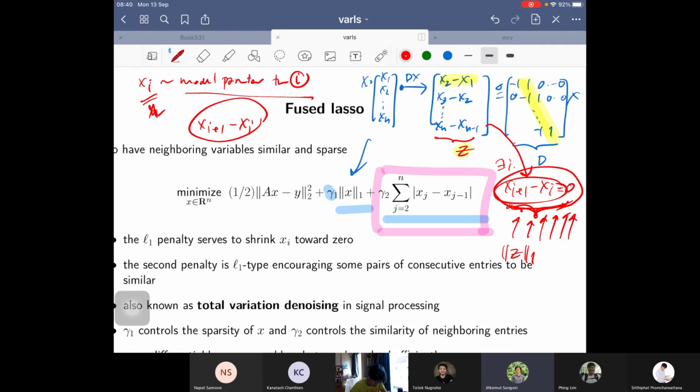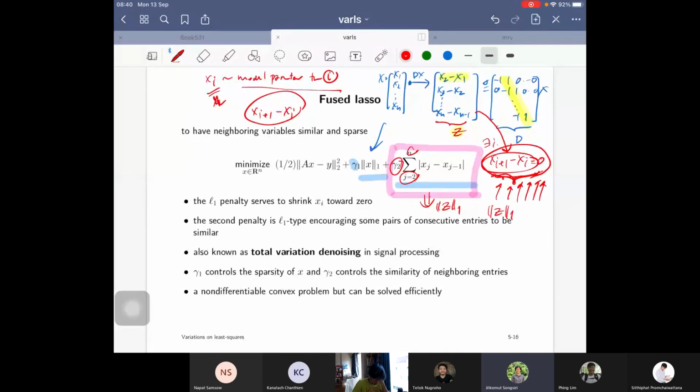Okay, so this block represents the L1 norm of z, and the index j starts from 2 to n. And now you have another penalty gamma 2. So of course, you have two regularization terms. The pink term is called the fused Lasso term.